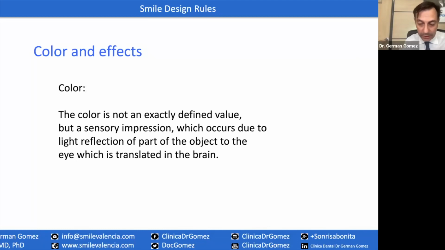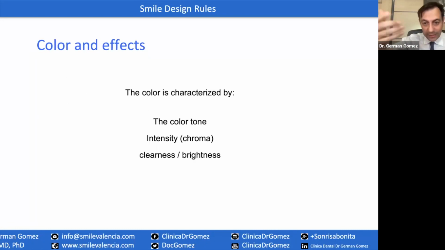So it's an impression that we have from some wavelengths of energy that come to our eyes, to our sensors, and we see it as a certain color translated in the brain.